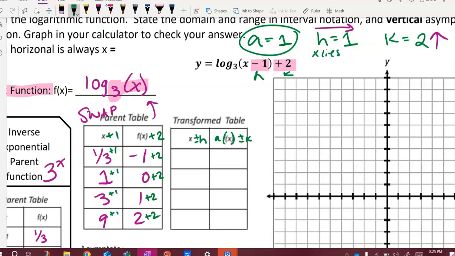And let's calculate. So we have 1/3 plus 1, that's 1 and 1/3. 1 plus 1 is 2, 3 plus 1 is 4, 9 plus 1 is 10. Now for the f of x or y, we have negative 1 plus 2, so 1. 0 plus 2 is 2, 1 plus 2 is 3, 2 plus 2 is 4.